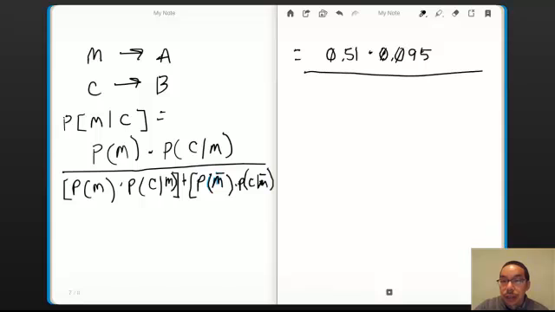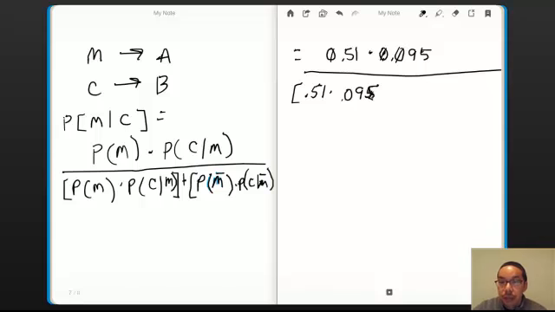And then all of this is divided by 0.51 times 0.095.